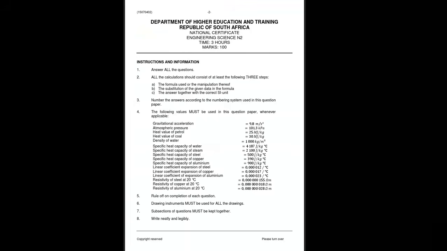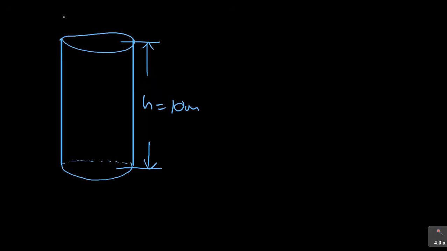The diameter in this case is the distance from that point to that point. Now the diameter D is 250 millimeters, which is, let me write it as is, but remember, when they bring in millimeters, you need to convert to meters as the SI unit.